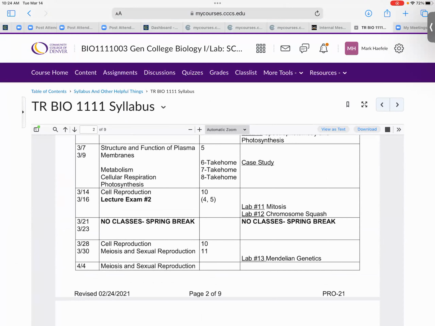Yeah, those are both easy. So mitosis and chromosome squash, those are both easy. So 11 and 12. Okay. They're pretty straightforward. I just didn't know. Yeah, it's not genetics. Genetics takes a lot longer to get in there, so it's a little bit more than that.